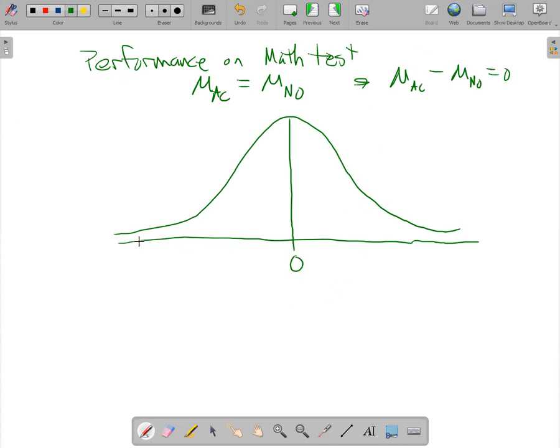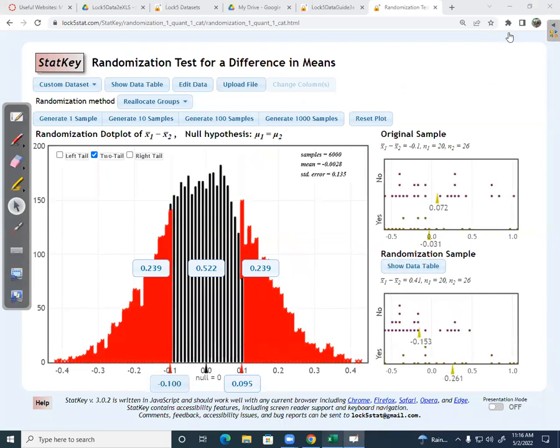And then StatKey helps us figure out what the scale is down here. And so my sample value, my X bar diff, I'll call it, ended up being negative 0.1. That ends up being around here. Since this is a two-tailed test, I have to reflect it over to the other side. Theoretically, it would be the same, but positive 0.1. StatKey called it positive 0.095, which is similar to 0.1.